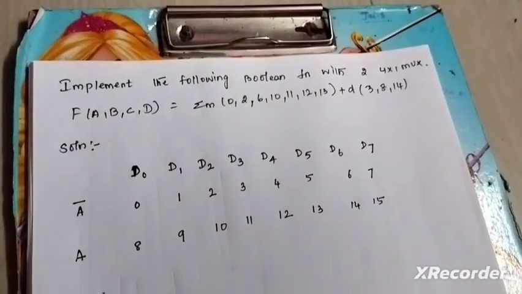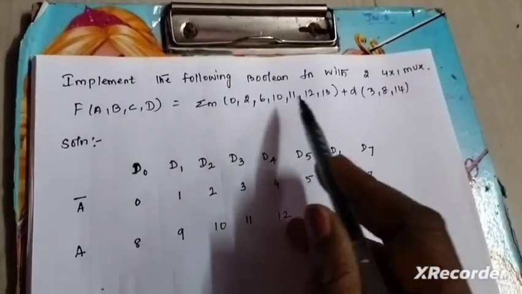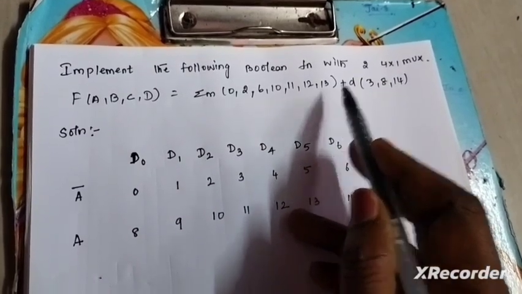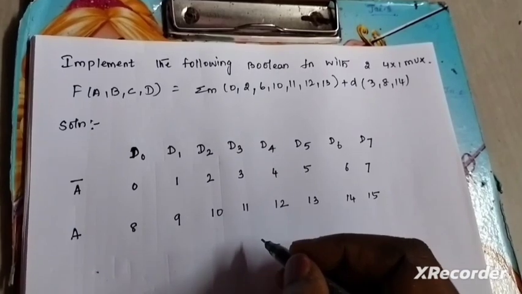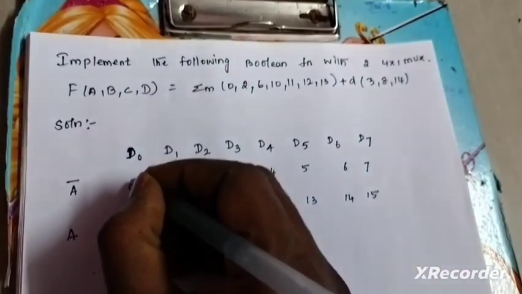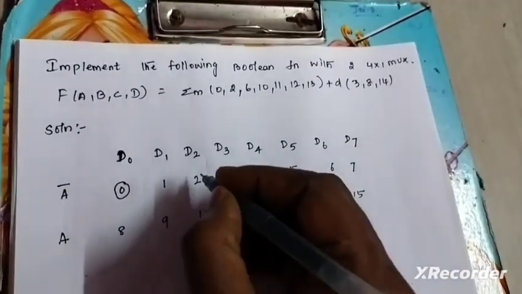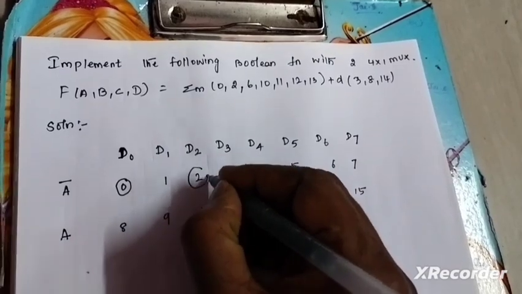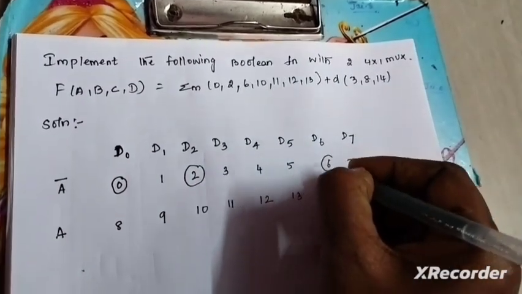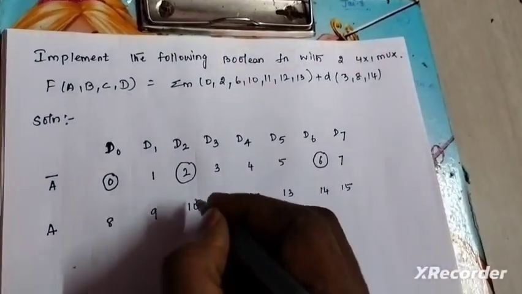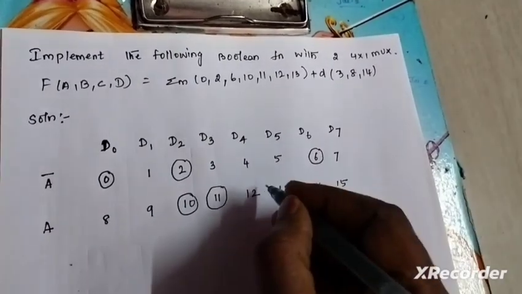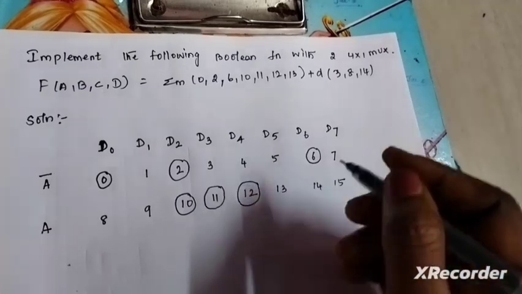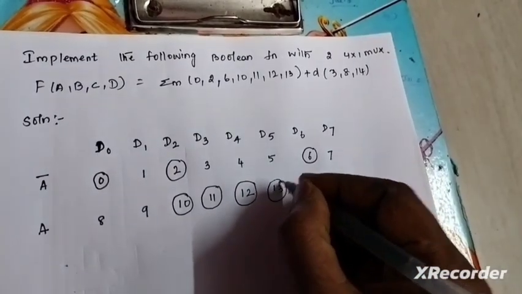The next step is to take the numbers given in the question, including the don't cares. Circle those min terms. The first one is 0, next is 2, next is 6, next is 10, next is 11, next is 12 and 13.